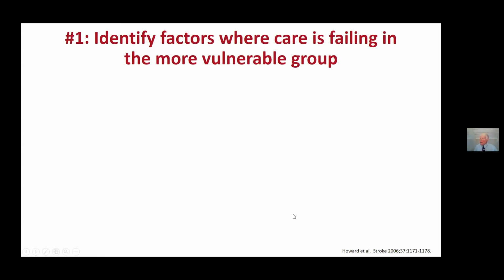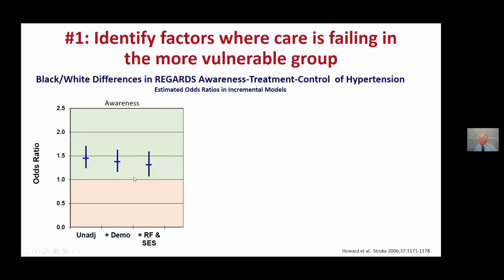So let's look. I thought that hypertensive African Americans would be less aware that they have hypertension. But when we went out and looked, what we actually saw was that this is the black to white ratio, or really odds, of being aware of hypertension if you have hypertension.